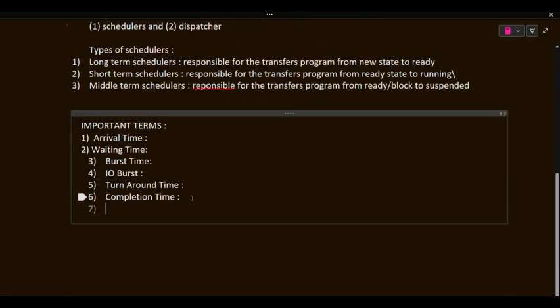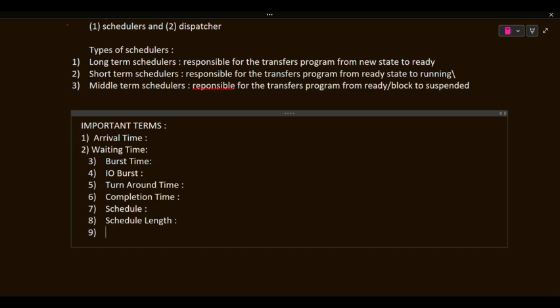Along with these six, we also have some other terminologies like schedule length, and dispatch time, which is also called schedule overhead.